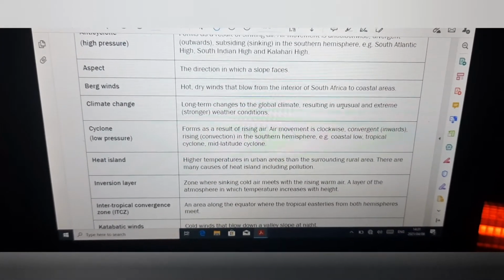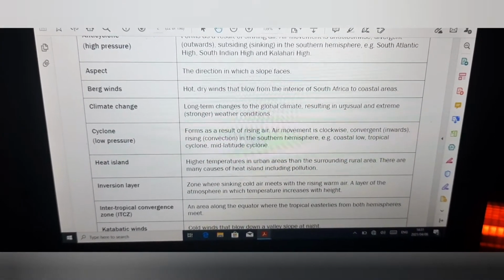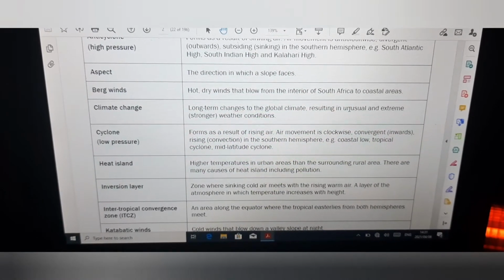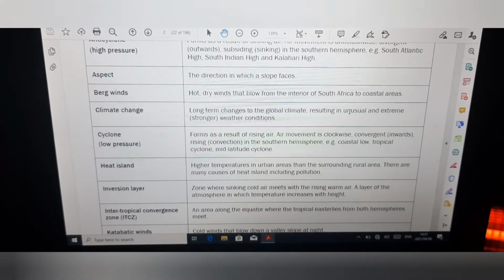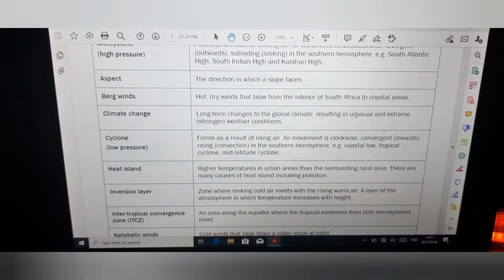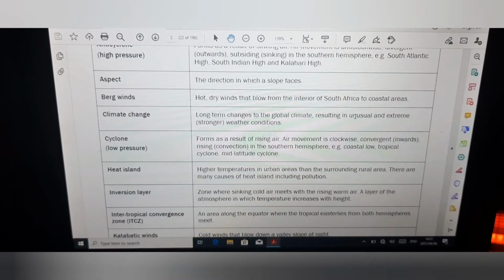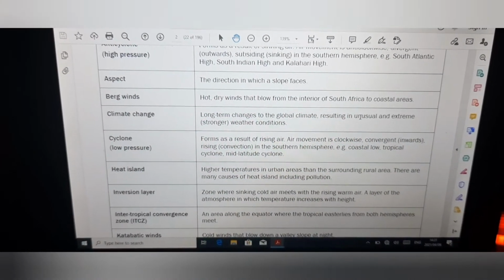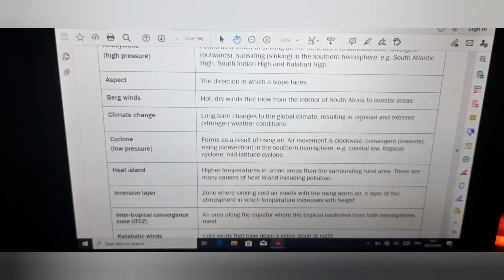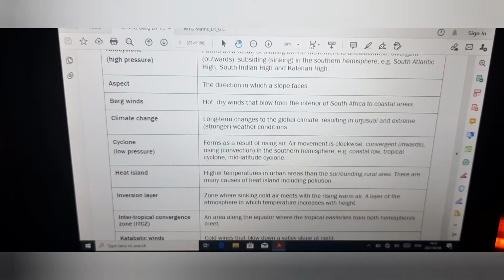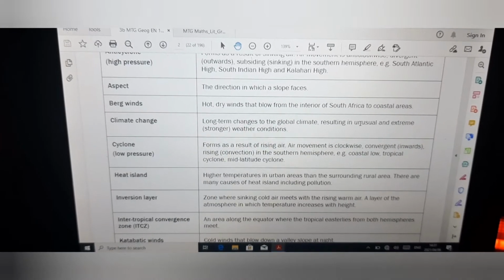So a cyclone forms as a result of rising air. Air movement is clockwise, convergence inwards, rising, which is convection, in the southern hemisphere. Coastal low, tropical cyclone, mid-latitude cyclone. Those are the types of cyclones that we have.